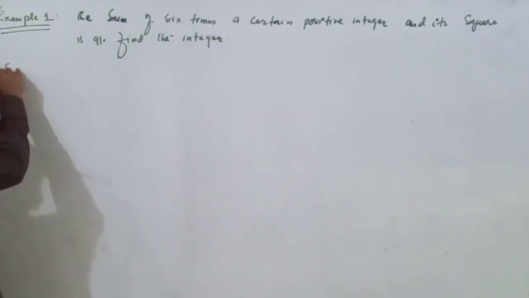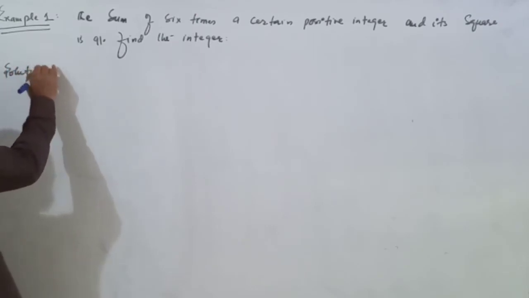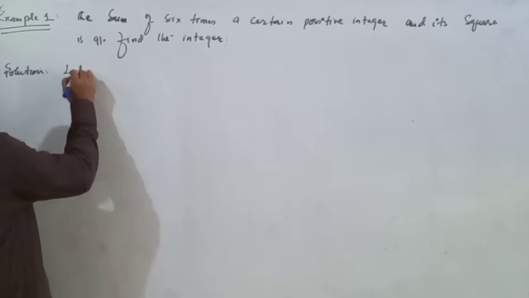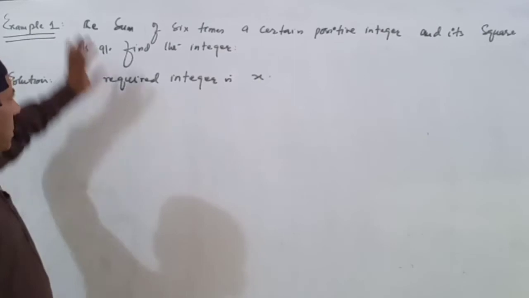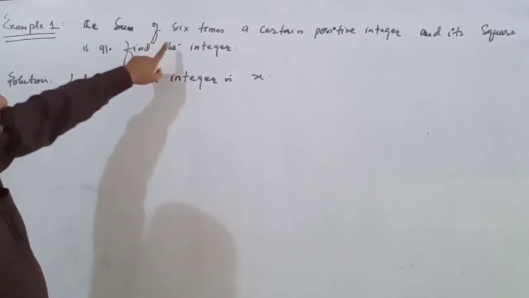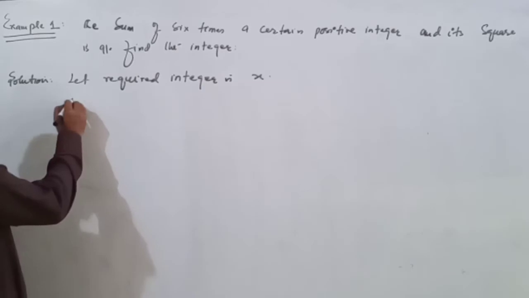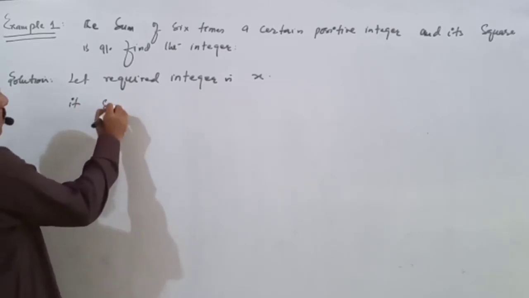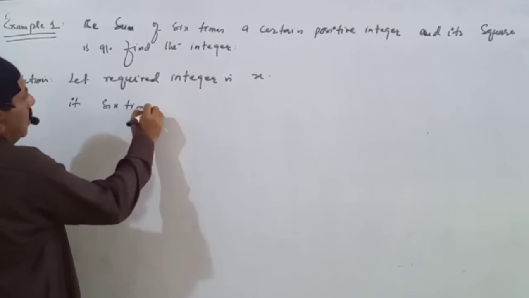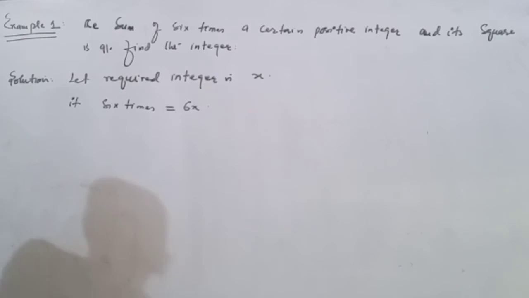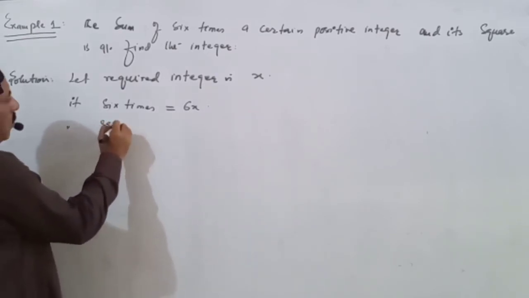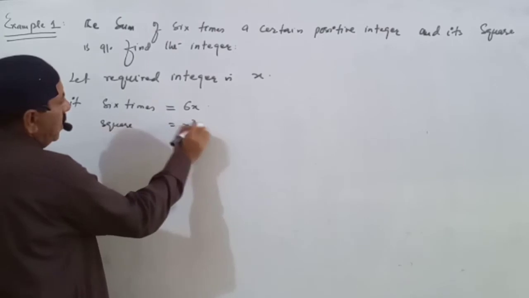Solution. The sum of 6 times a certain positive integer. Let the required integer be x. The condition is the sum of 6 times it, 6 times will be equal to 6x, and its square will be x square.